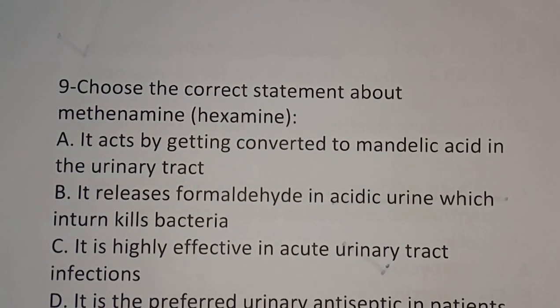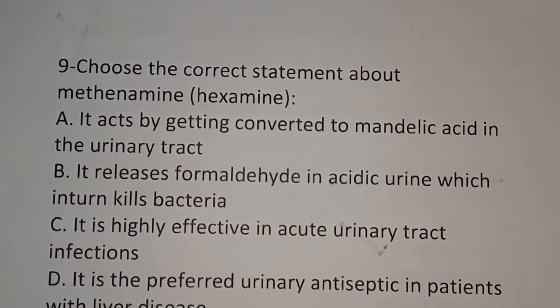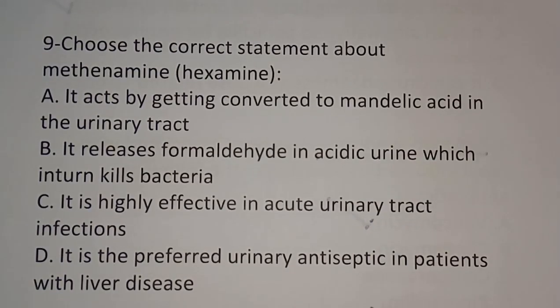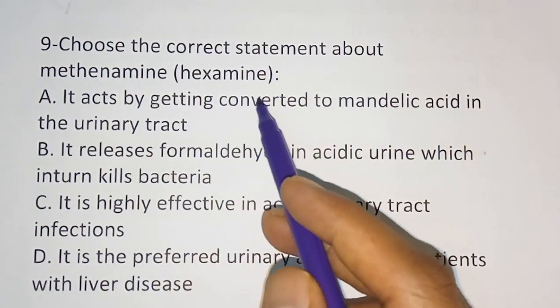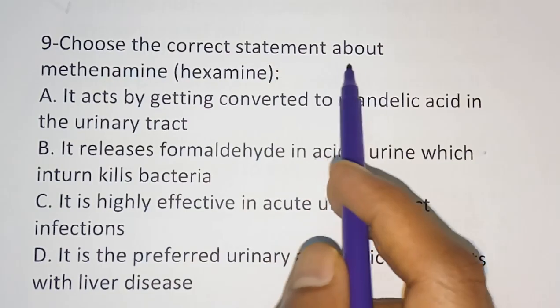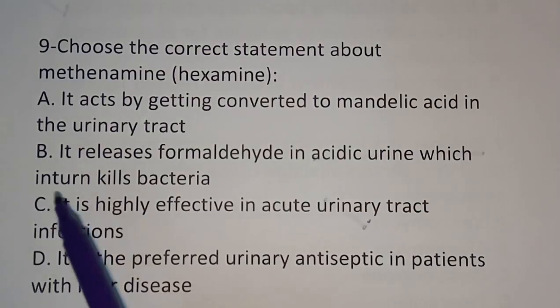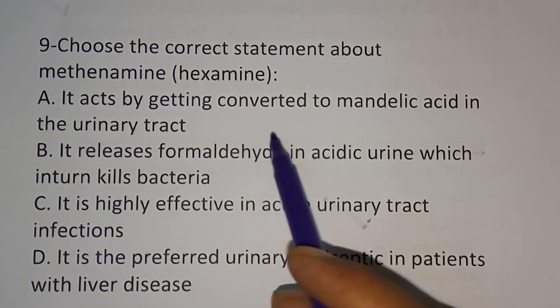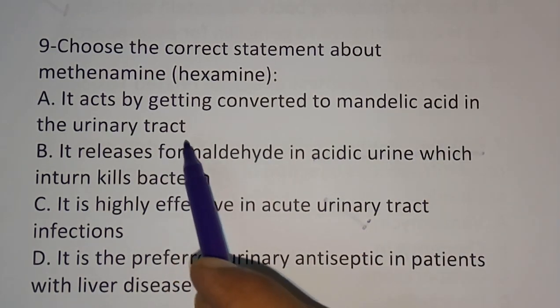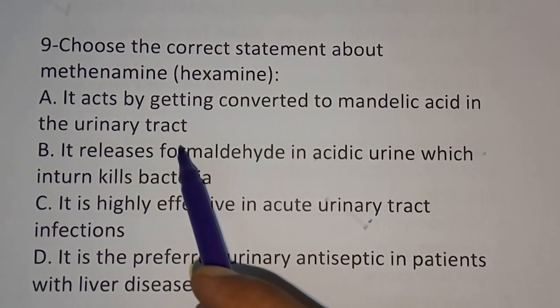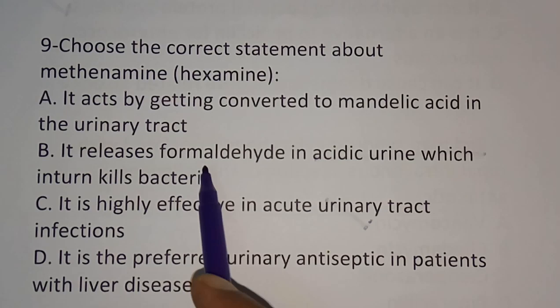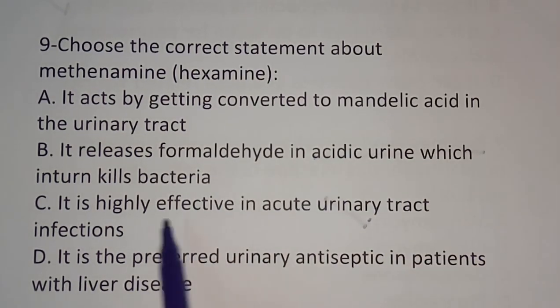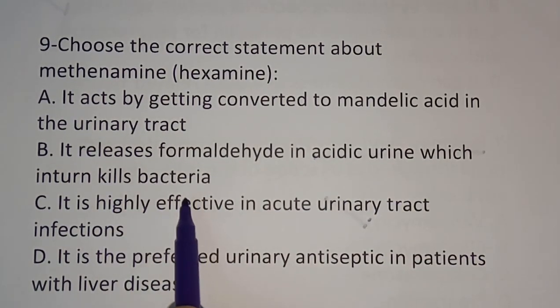Now the ninth question. Choose the correct statement about methenamine or hexamine. Option A, it acts by getting converted into mandelic acid in the urinary tract. Option B, it releases formaldehyde in acidic urine, which in turn kills the bacteria.